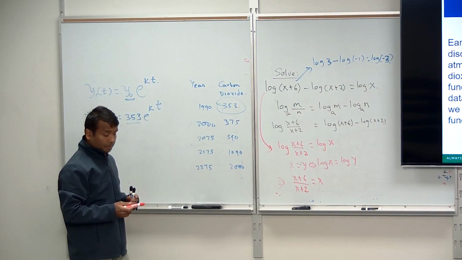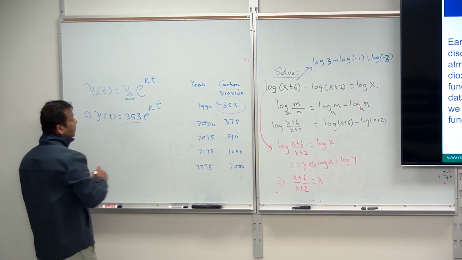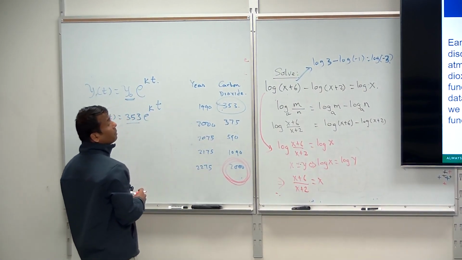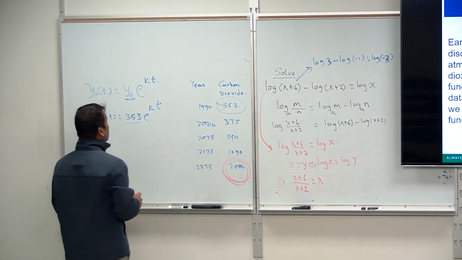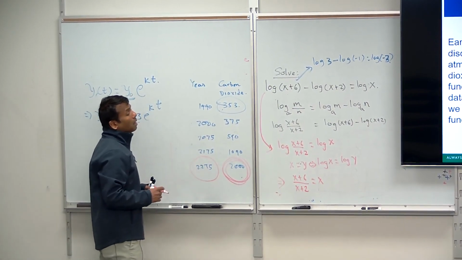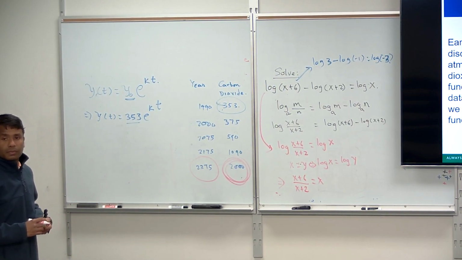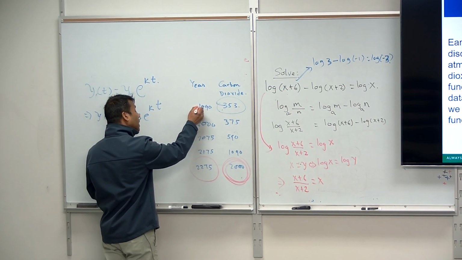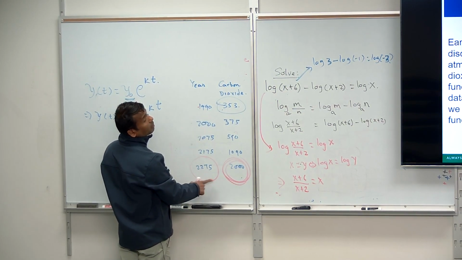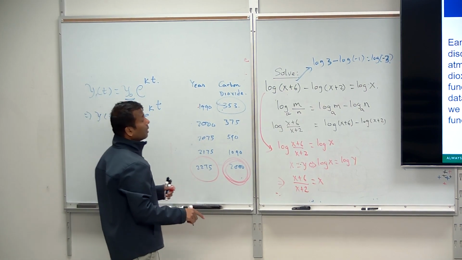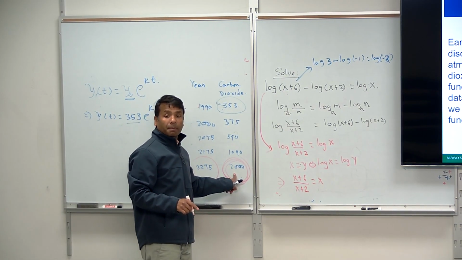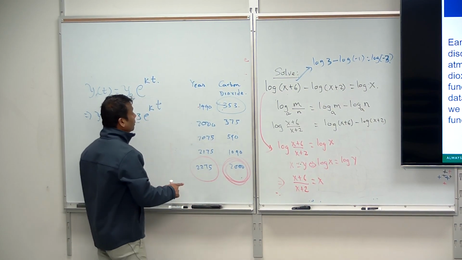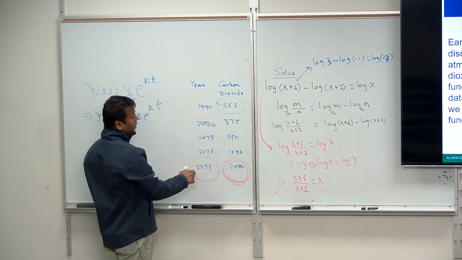Make sense? And now look here. You have carbon dioxide 2000 ppm in which year? In year 2275, right? So after how many years? We consider 1990 as initial, so after how many years will the amount of carbon dioxide be 2000 ppm? You subtract 1990 from 2275.